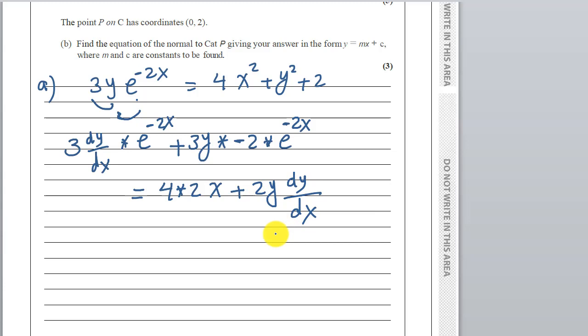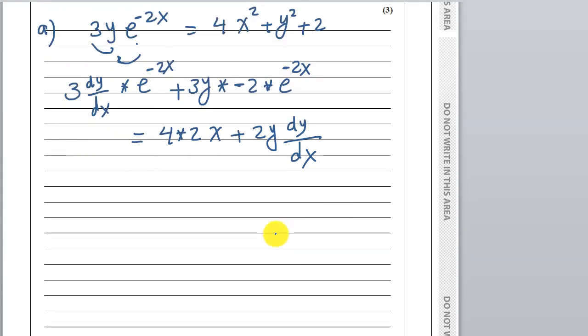Okay. Now we find the first part. Let us start to simplify. So I have 3e^(-2x) dy/dx plus, so minus will be minus 6y e^(-2x).